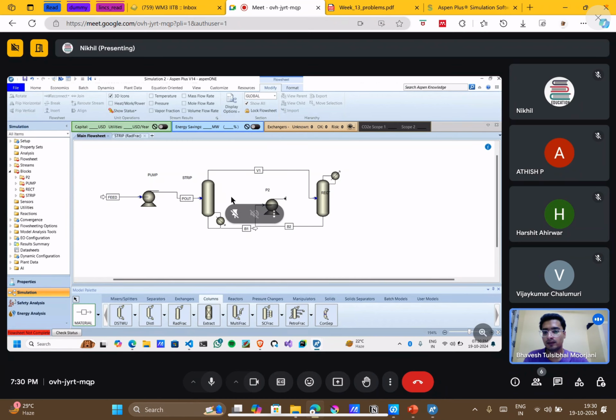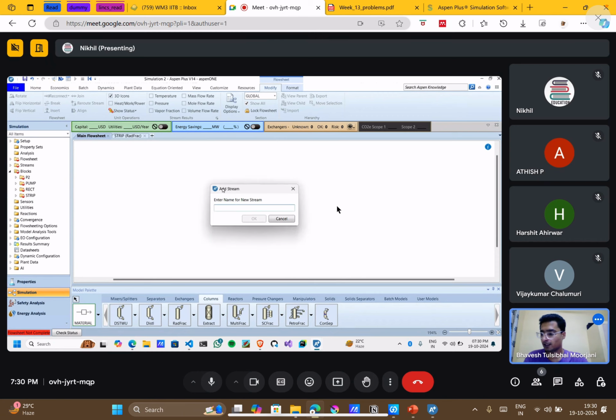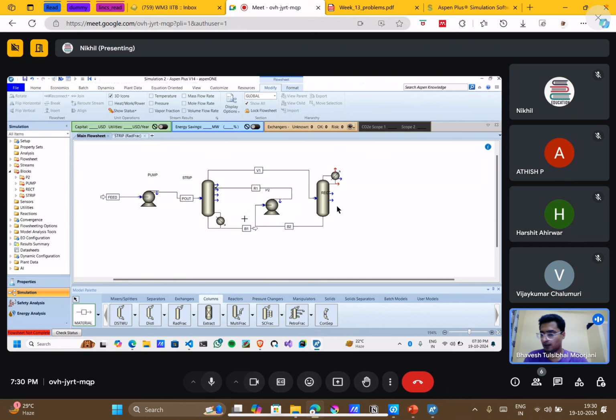So select the first column's input, where your P out is connected, in the first column, the stripper column. Put it there. Call it R1. Done. So our flow sheet is complete.